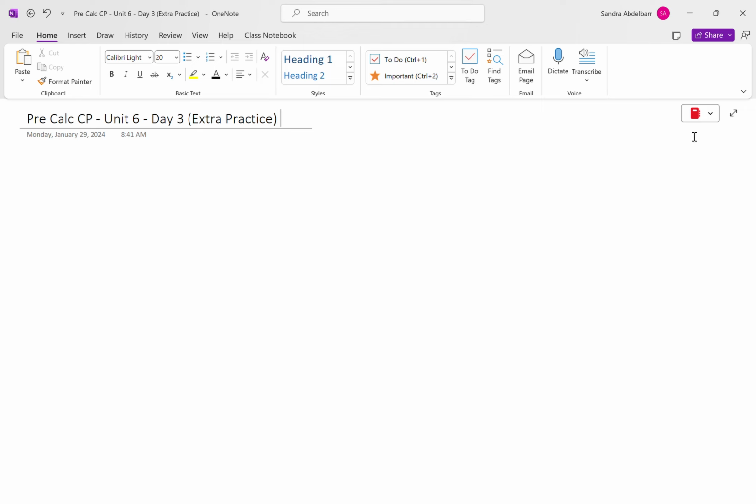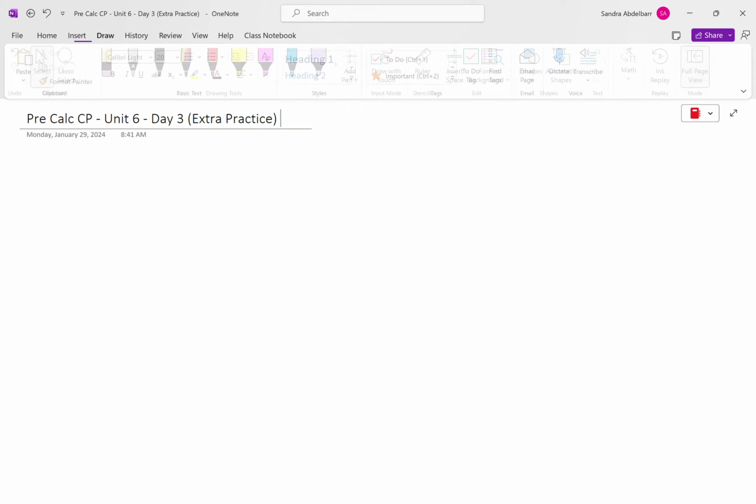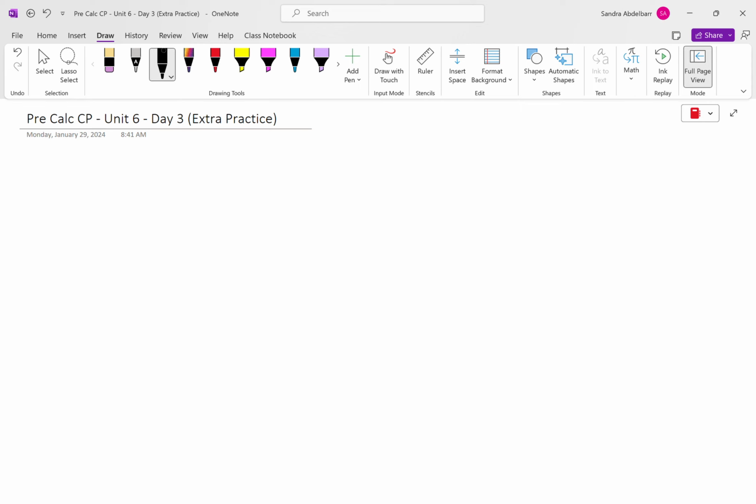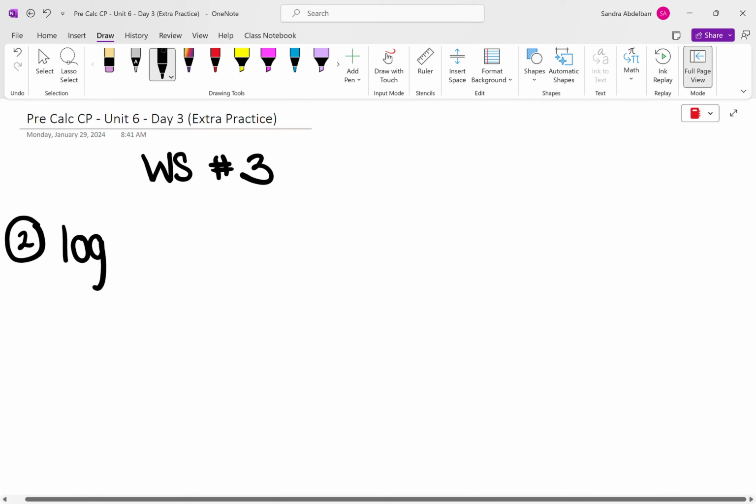Okay, so we are doing number 2 from worksheet number 3. We have log base 2 of the square root of 8.